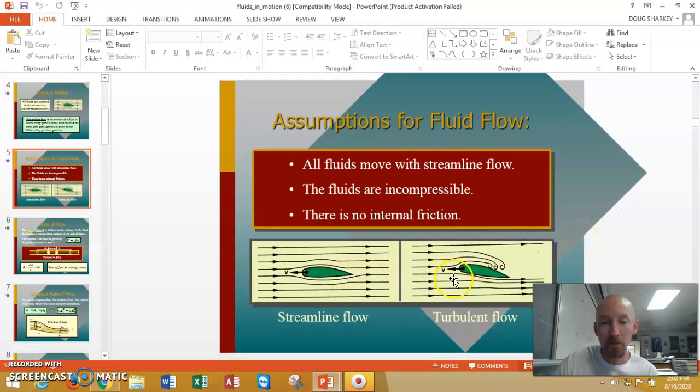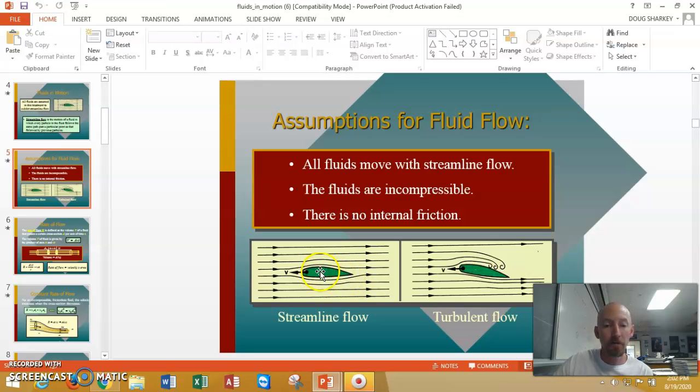So you have these two types of flow, turbulent flow and streamlined flow. This shape is important as far as our lives. This is what I would call an airfoil, and we have a fluid that's going around both sides of it. So if you're going to be a pilot, then you need to know how fluids work.